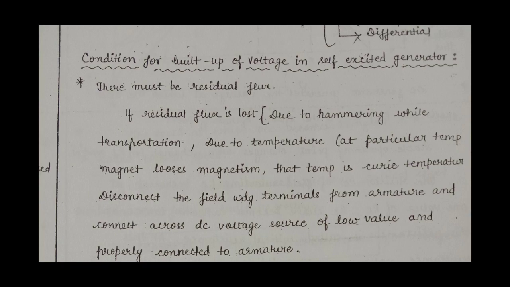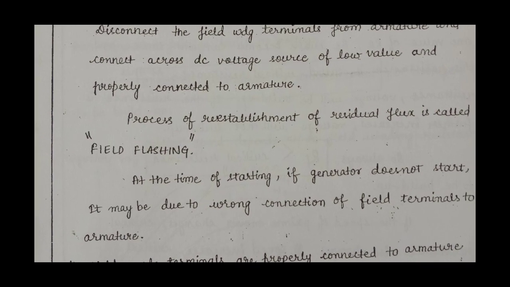It will be recovered by connecting the field winding to a separate DC source and energizing it. Then the residual magnetism will be established again in the field poles. The process of re-establishment of residual flux is called field flashing.